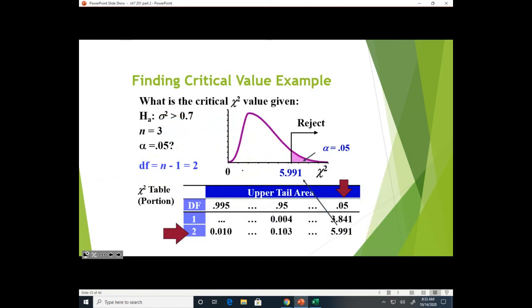So if we have an alternative hypothesis that the variance is greater than 0.7, we have a sample size of 3, and we're interested in alpha of 0.05, we get the degrees of freedom, which is 2. We're going to look in this row and go all the way over to the column for alpha 0.05, and we would get our critical value of 5.991.